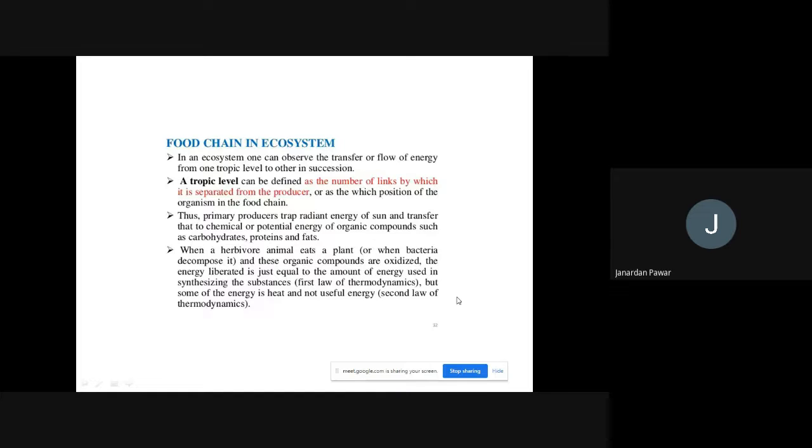Now the second one: a trophic level can be defined as the number of links by which it is separated from the producer. So it is the link between the consumer and the producer.